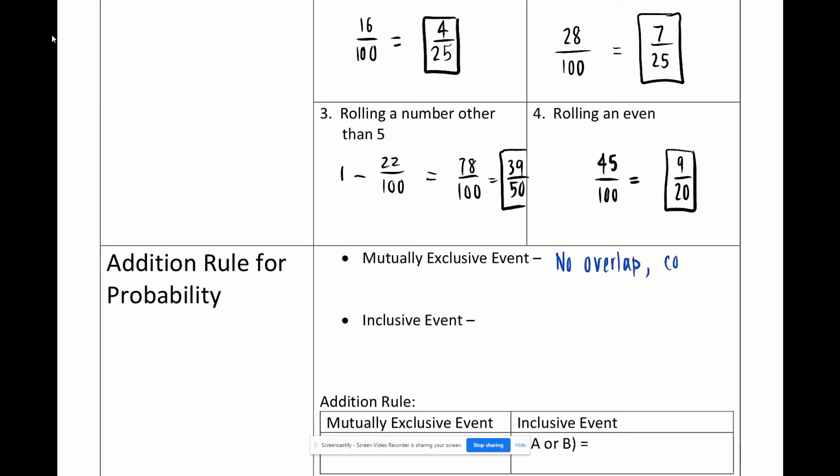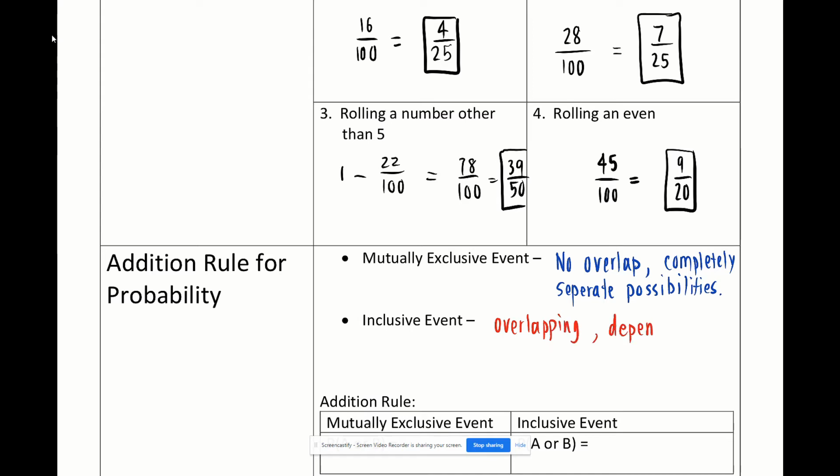They are completely separate possibilities. But when we talk about inclusive, that's a little bit different. We had one of those on the homework assignment last night, that I just referred to a couple minutes ago when we were going over it. But an inclusive event is where there is overlap. They depend on each other.